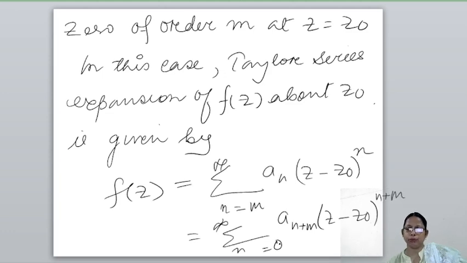So if we put n equal to 0, this will be a_m (z minus z naught)^m. If I put n equal to 1, it will be a_(m+1) (z minus z naught)^(m+1), and it goes on up to infinity. So this is the required infinite Taylor series expansion of f(z) about the point z naught.